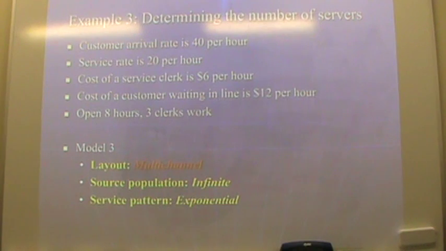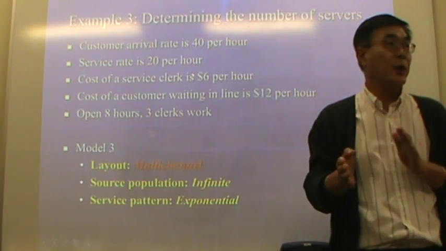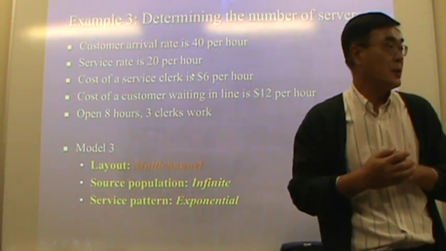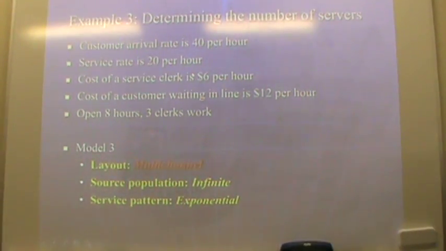In this example, customer arrival rate is 40 per hour and service rate is 20 per hour. The cost of a service clerk is $6 per hour. If we need one more employee, pay $6 per hour. And the cost of a customer waiting in line is $12.